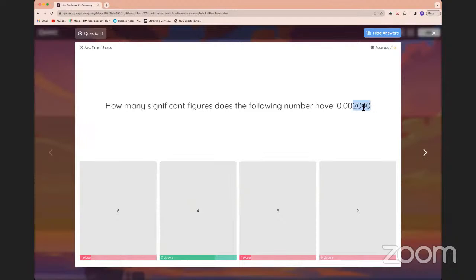First of all, the first 3 zeros are not significant. Can somebody explain why these 3 zeros are not significant?